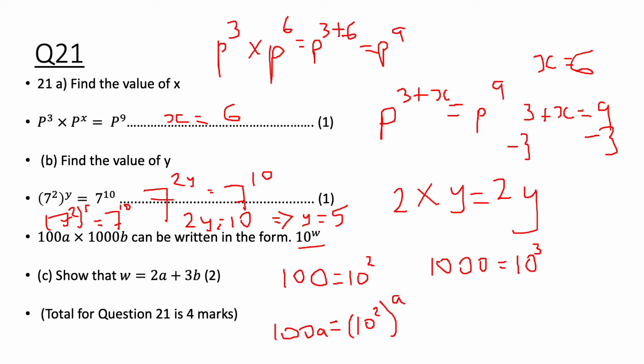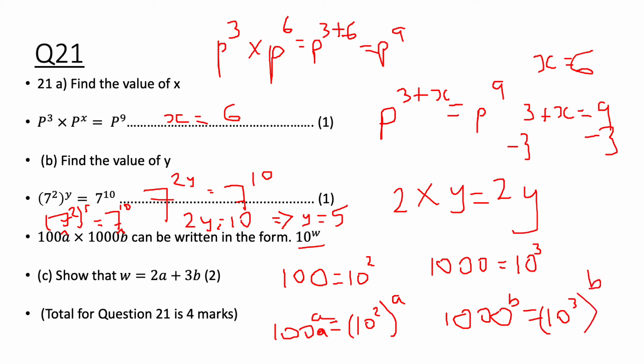Sorry, it should be 100 to the power of a, and 1000 to the power of b. Sorry, 100 to the power of a equals that, and similarly, 1000 to the power of b equals 10 cubed to the power of b. Okay, so sorry about that.